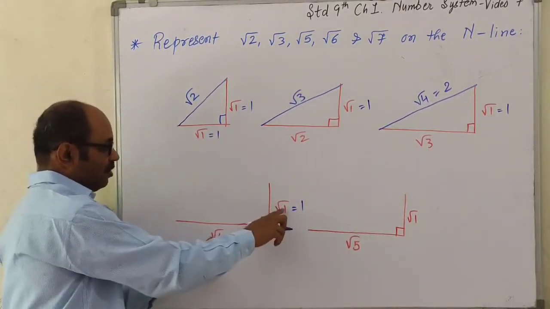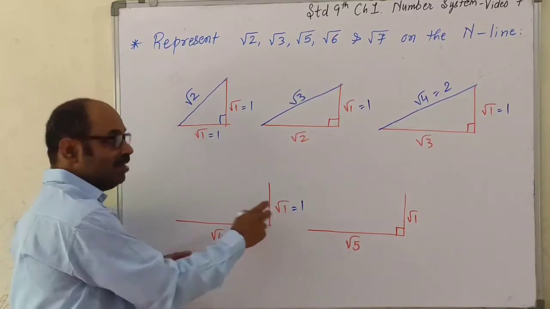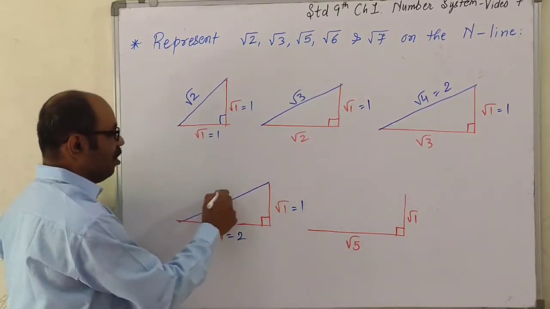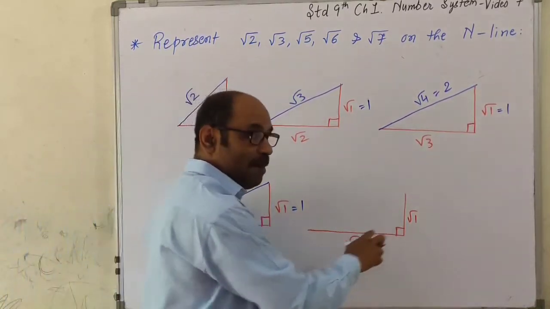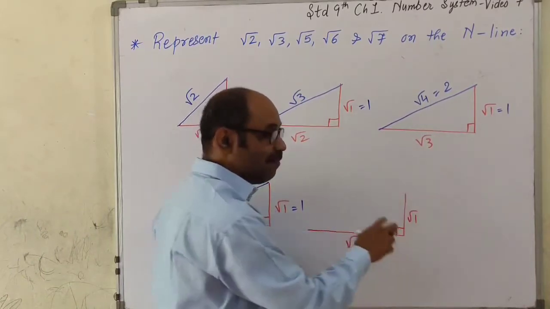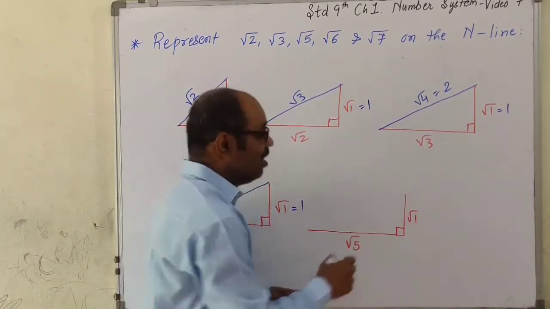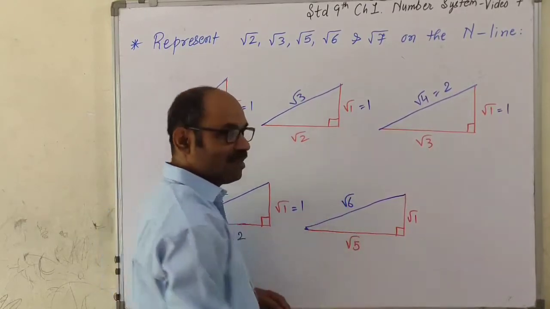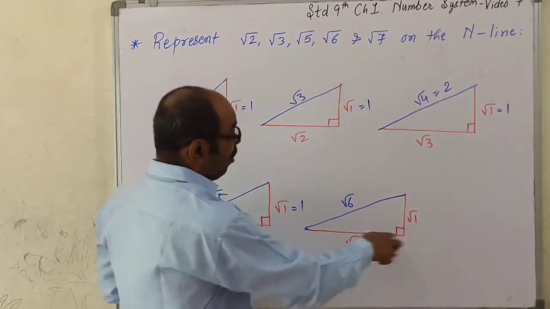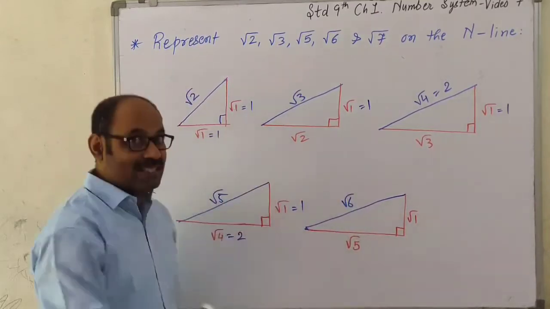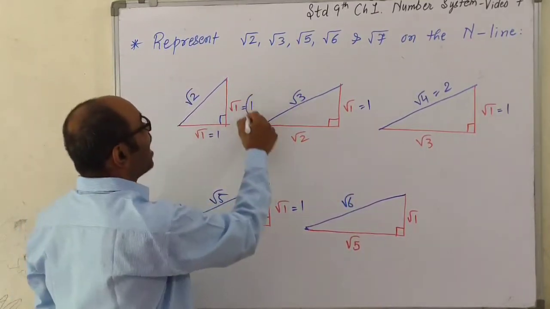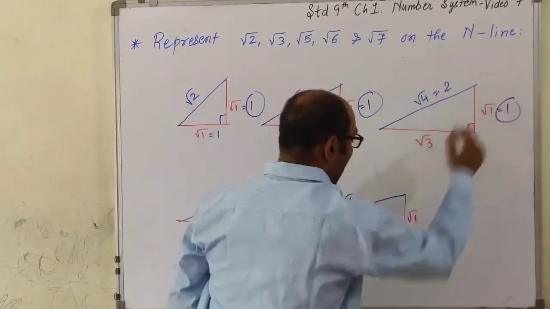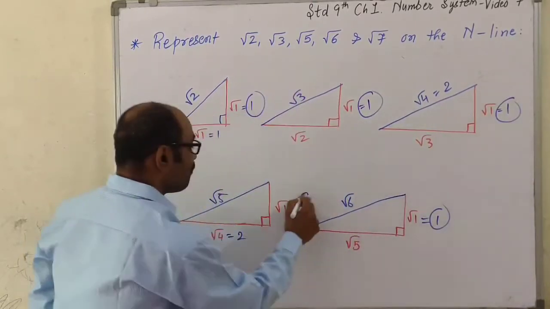You just see the roots, 4 and 1. So the hypotenuse is going to be √5. If one of the perpendicular sides is √5, the other perpendicular side is √1, then the hypotenuse is going to be √6. Alright? Out of the two perpendicular sides, one perpendicular side has to be 1 unit.